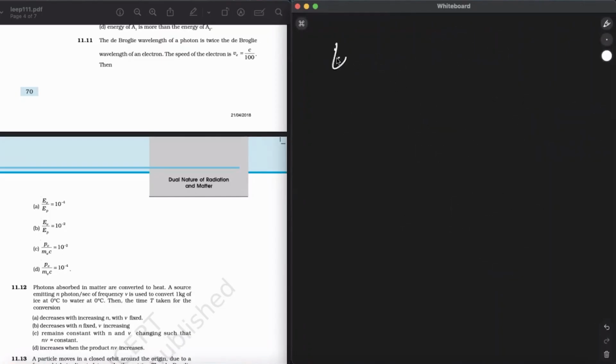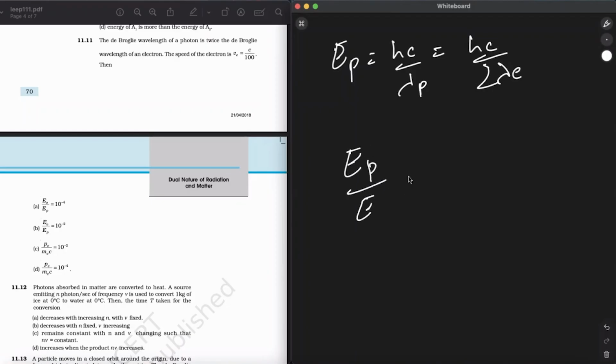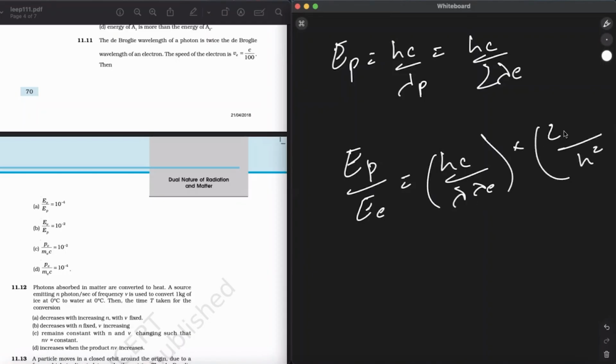So E proton is equal to hc upon lambda p, which is hc upon 2 times lambda E, given in the question. Now E proton upon E electron will be equal to hc upon 2 lambda E into h square upon 2 lambda E whole square Me. So lambda E is h upon Me C by 100, that is 100 h upon Me C, into Me C upon h.